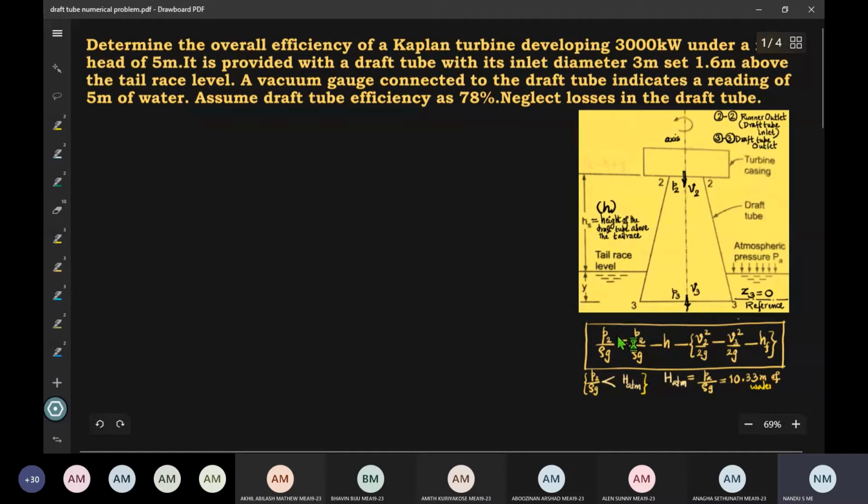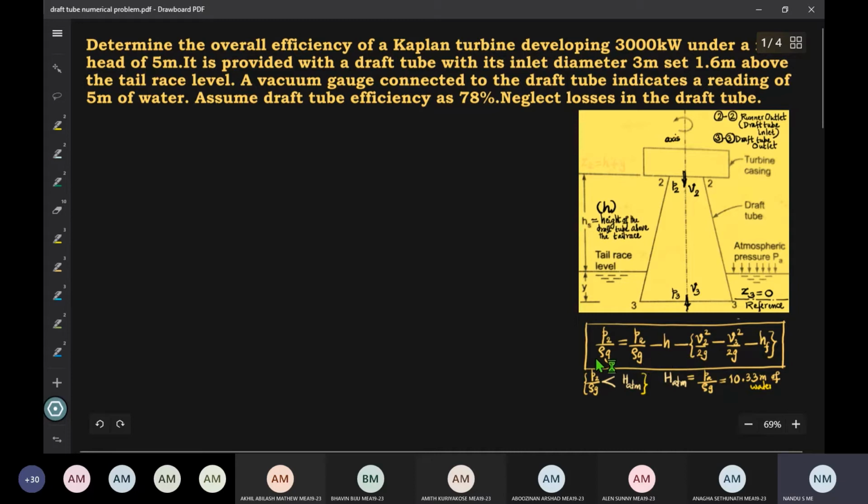So that is a vacuum head given. Remember, here P2 by rho g is equal to this much, which is the vacuum part, that is minus H minus this group of terms. You know, this part other than PA by rho g, the rest is the vacuum head.